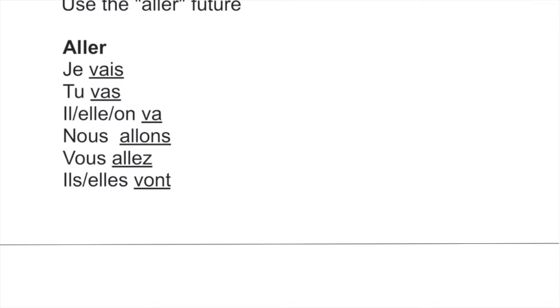So in my example, je mange au restaurant, the action is mange, the subject is je, so I need to slot in the je form of aller before mange. Of course, I now have two verbs following each other, so the second one needs to be in the dictionary form of the verb.